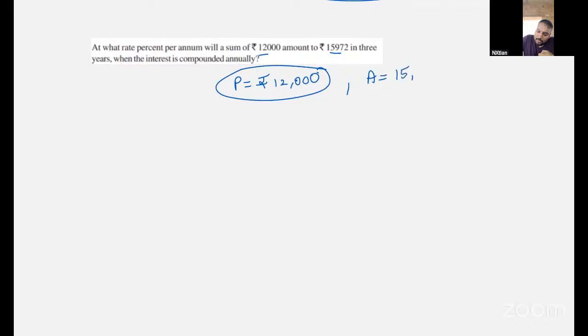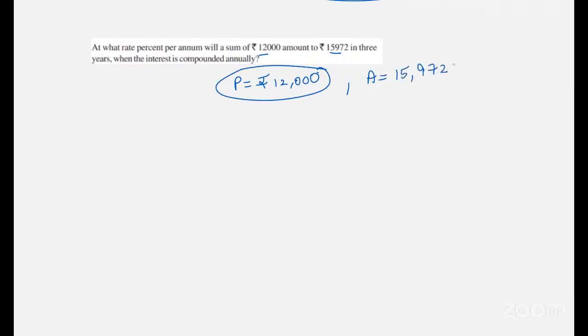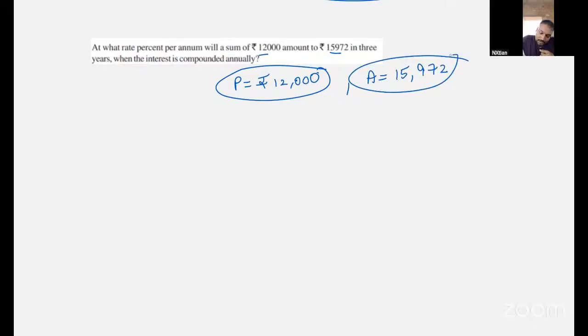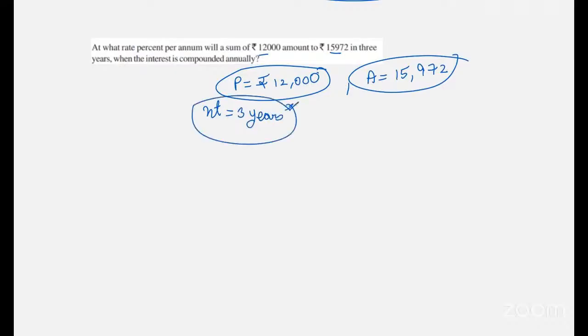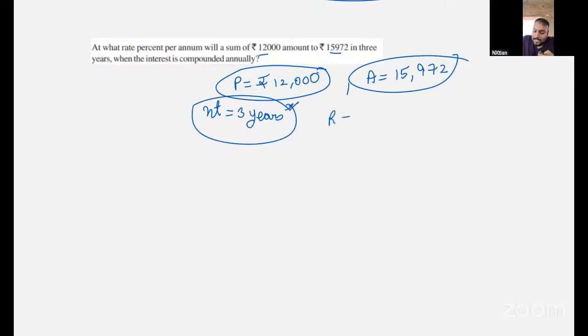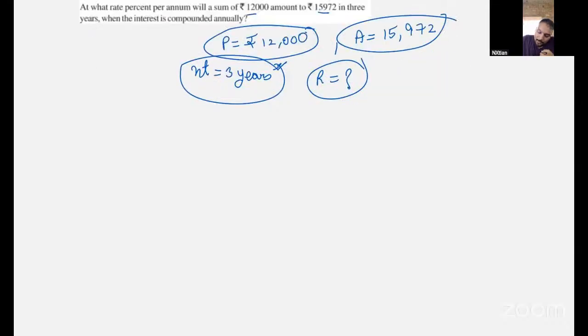Very, very good. And n is 3 years, so nt is 3 years. And we have to find the R. We don't know what R is, we have to find the R.